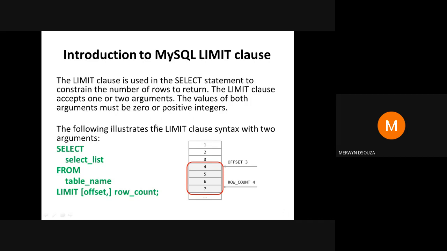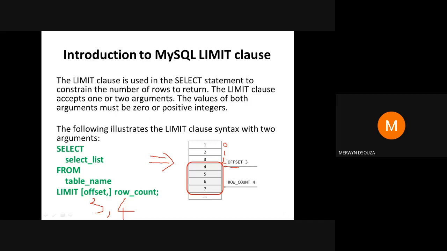So suppose I had to write a query wherein I had to mention the offset as 3, comma, and the row count as 4. Then, for example, we can see what would get returned from the database. With the offset as 3, let's count. We start with the row count as 0, 1, 2.